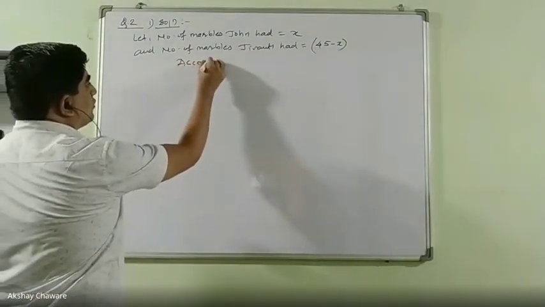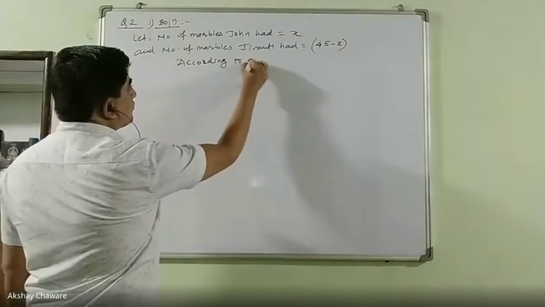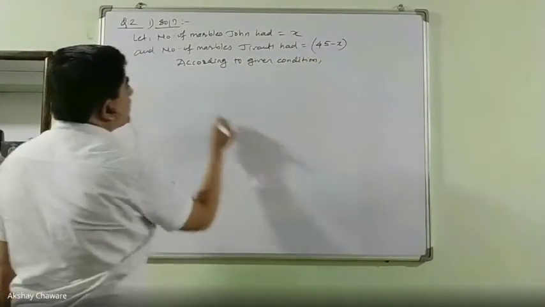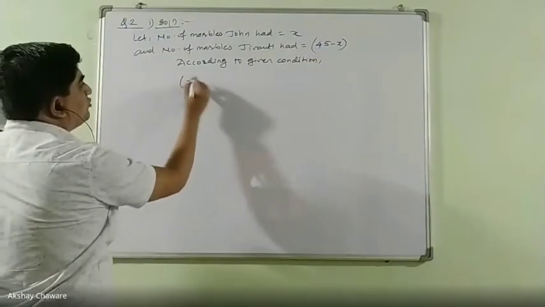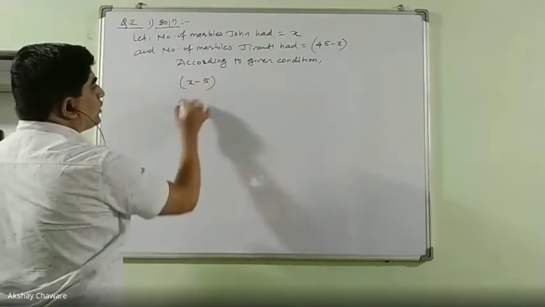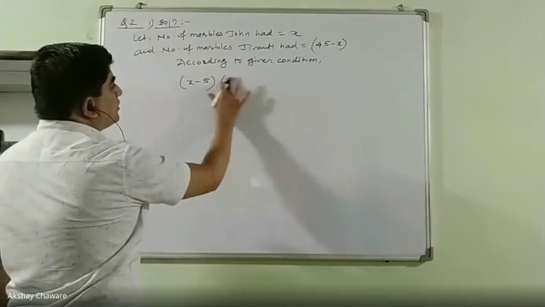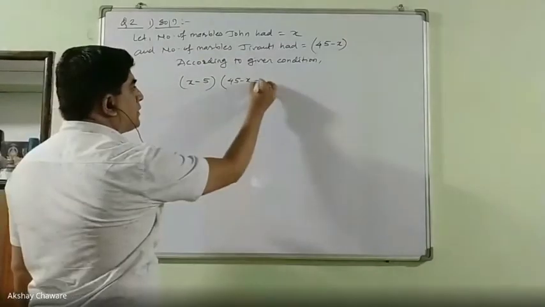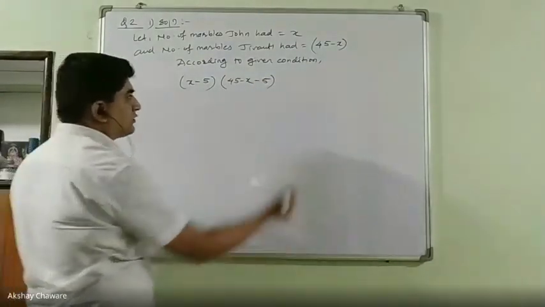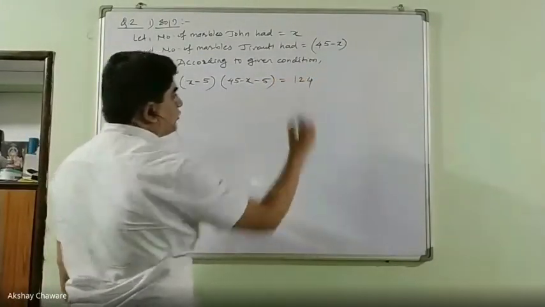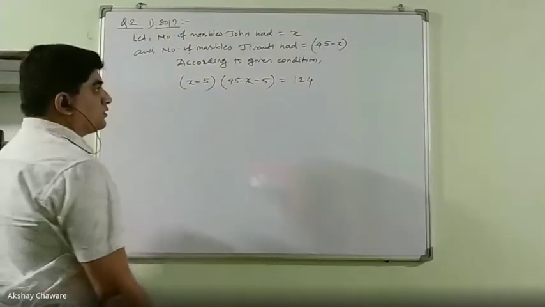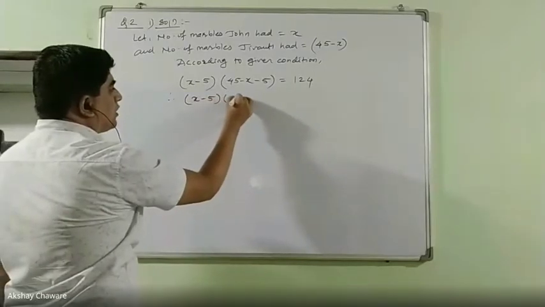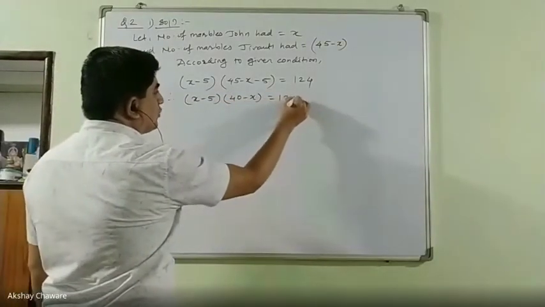According to the given condition, the number of marbles with John is x minus 5. The number of marbles with Jivanti is 45 minus x original minus 5, because 5 marbles were lost. And the product is nothing but 124.